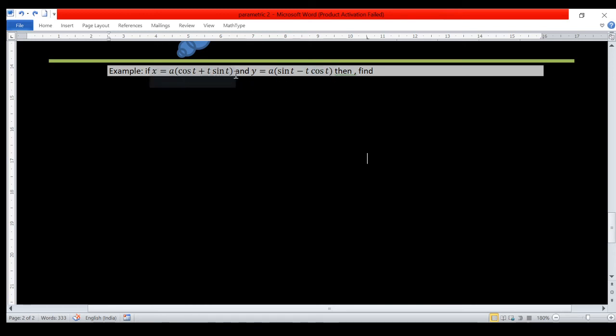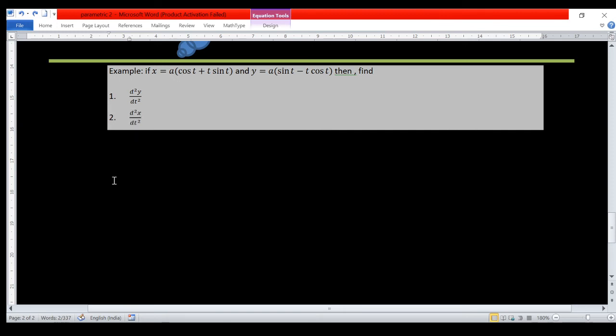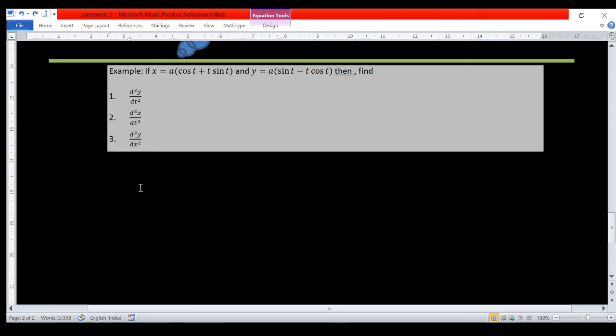So x and y are functions of t. They do not depend on each other directly; they depend through the third variable t. So if they ask to find dy/dx or d²y/dx², anyway you have to use parametric differentiation. Okay, we'll see the questions. First, they ask to find d²y/dt², d²x/dt², and then d²y/dx². Solution.